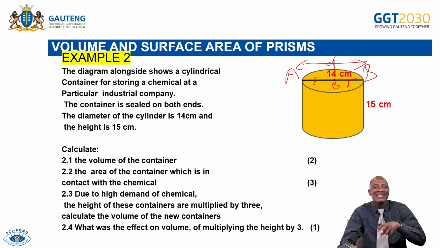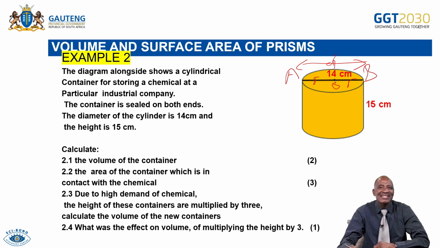Remember, the chemical is contained in that prism. So it means it's touching certain surfaces from inside in the prism. So indirectly, that question is saying to determine the total surface area of your prism, which is your cylinder.